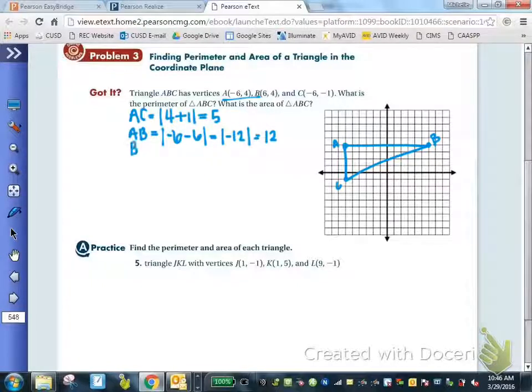Let me move this down just a second. BC squared equals A squared, which is 5, plus B squared, which is 12.